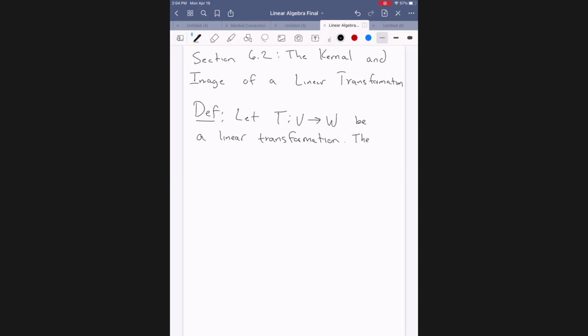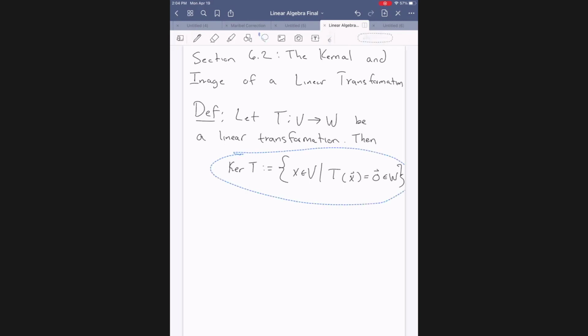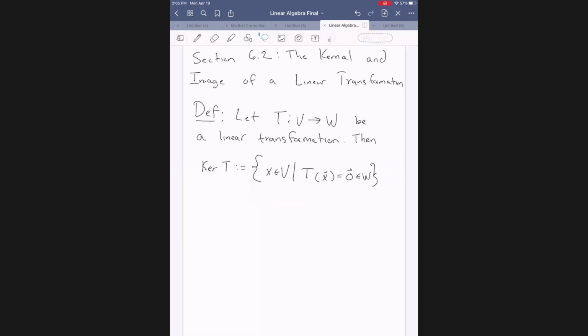Then the kernel, which we say ker of T, is the set of all vectors X in V such that T of X is equal to 0 in W. Okay, so you can think of it as every vector that the linear transformation maps to 0.